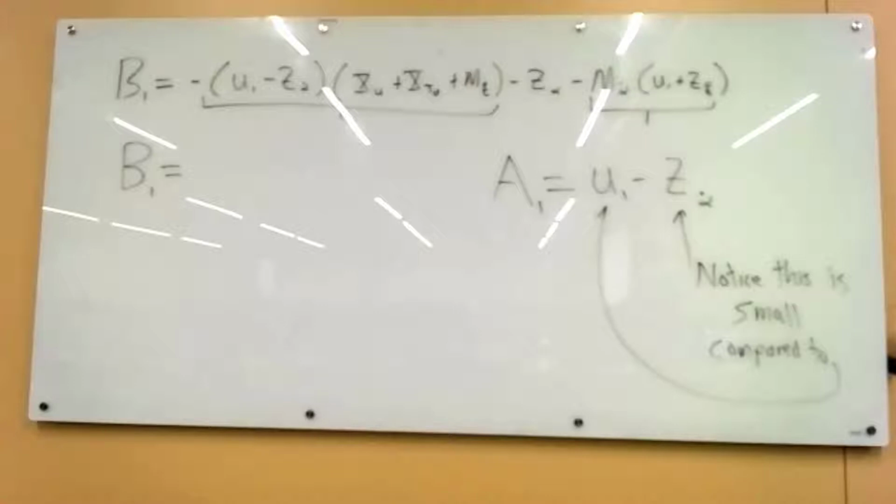Where are you getting these formulas from? The book and your handout. If you flip back to the last page or the second to the last page, they're listed there. It's the stuff that goes into the denominator D1 bar.